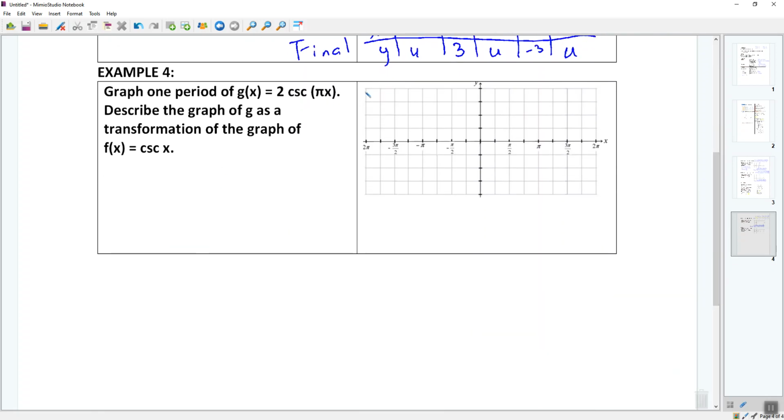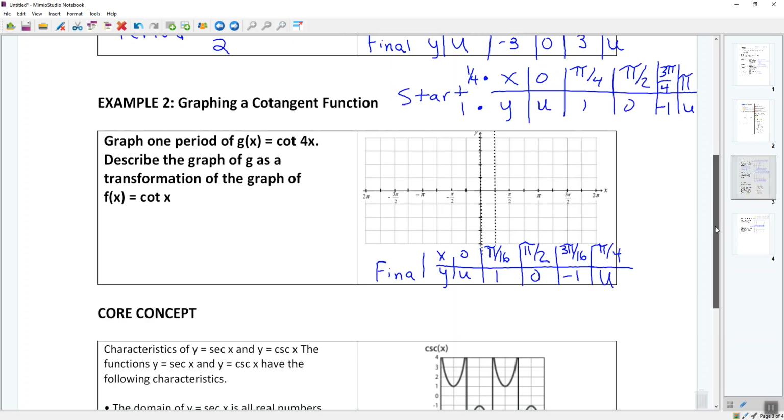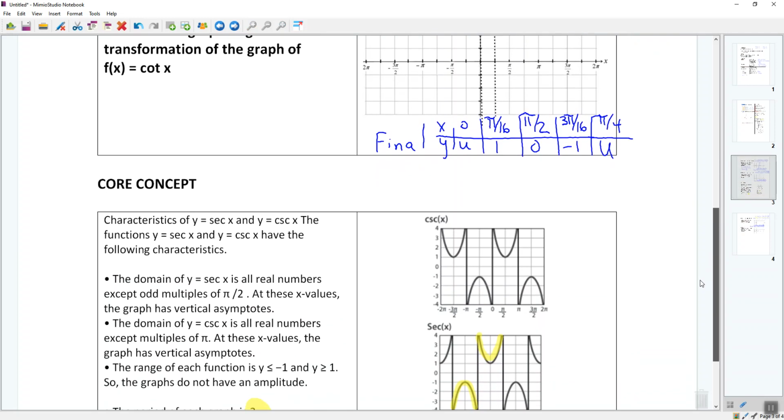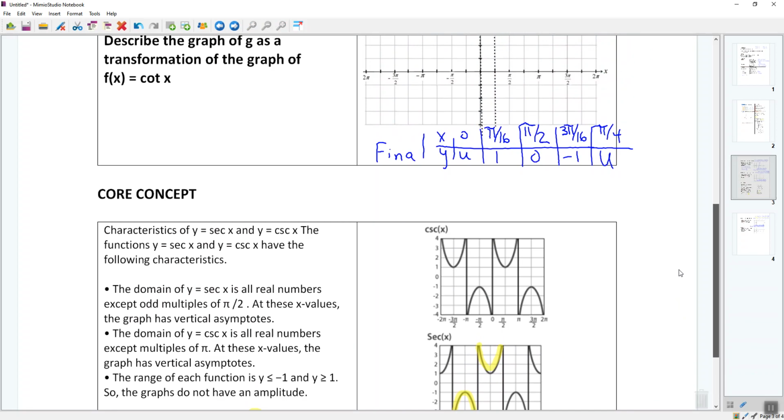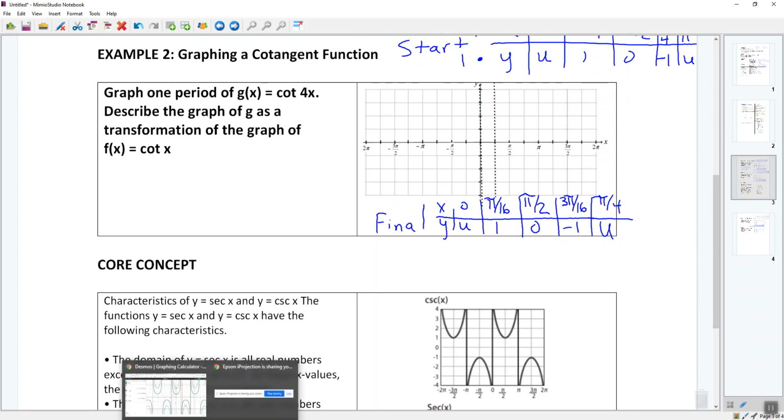Graph one period of 2 cosecant pi x. Okay, so let's look at the cosecant parent. The parent of the cosecant, let's see if it said anything. So let me graph the cosecant parent.